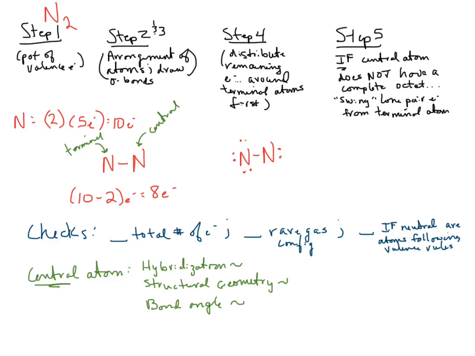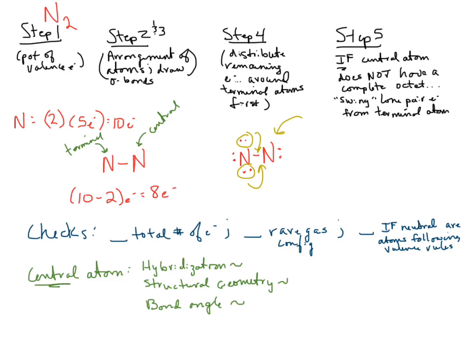Now step number 5 does apply, because the right nitrogen, our central atom, only has 4 electrons, and it needs 4 more. So this is an example where we are going to swing 2 pairs of lone pair electrons in from our terminal nitrogen.